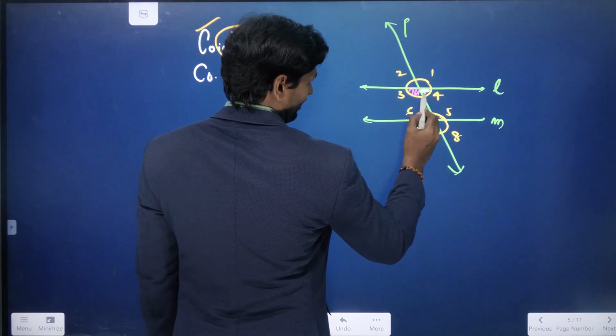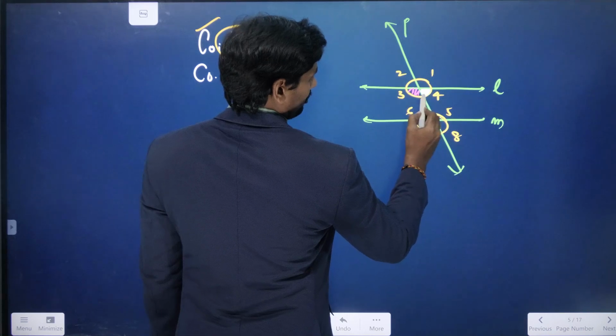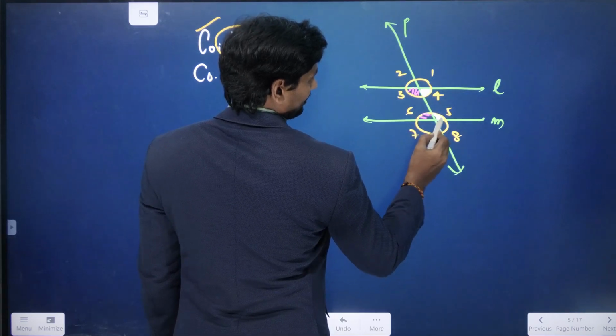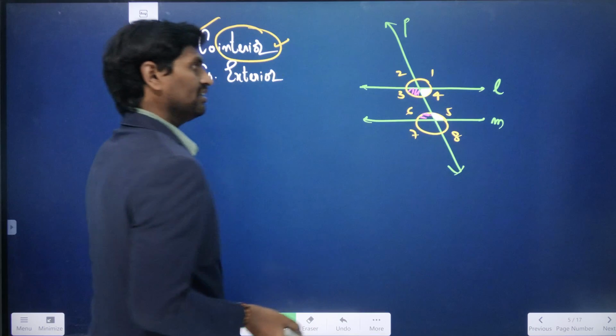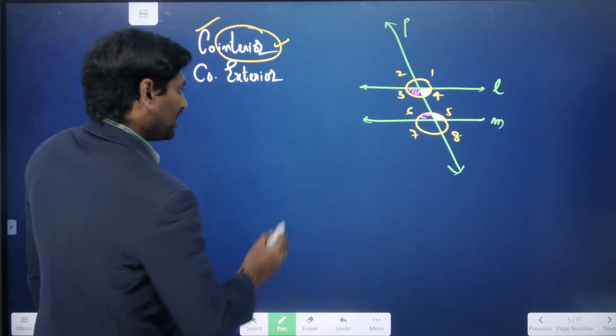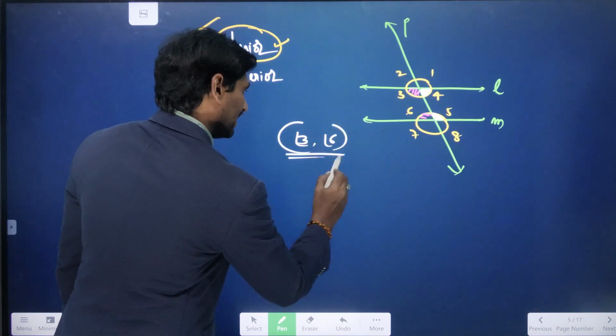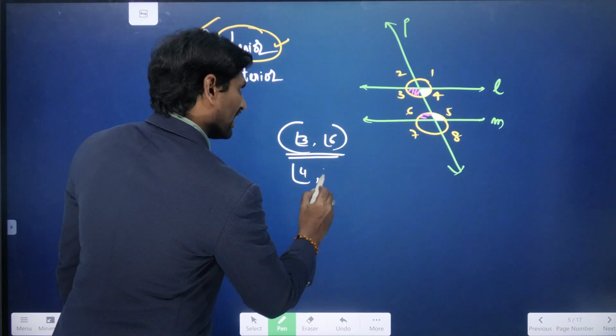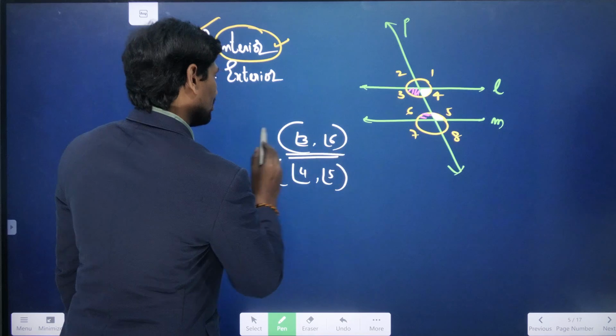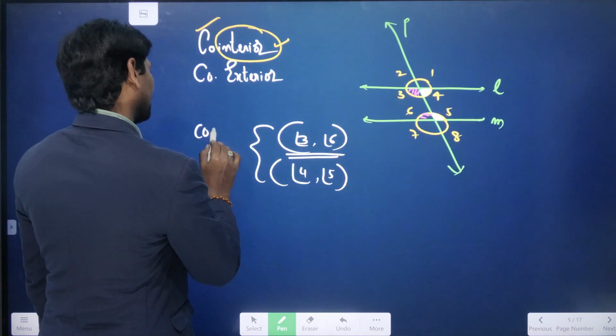Same way, 4 and 5 are also on the same side of the transversal. Angle 3 and angle 6 are co-interior angles. Similarly, angle 4 and angle 5 are also co-interior.